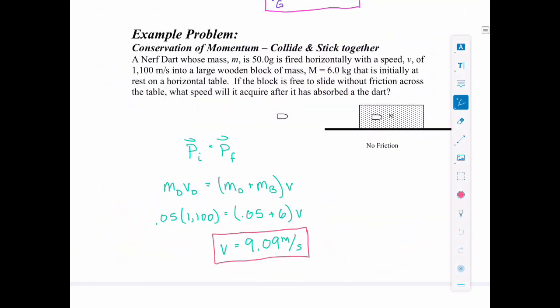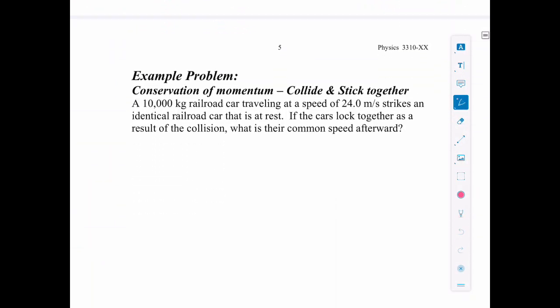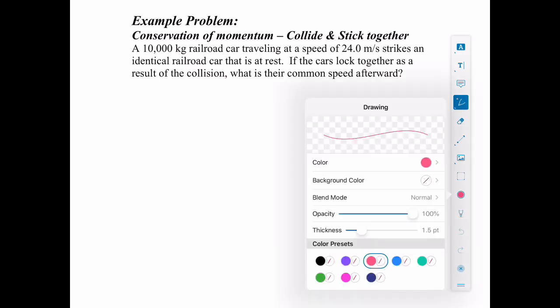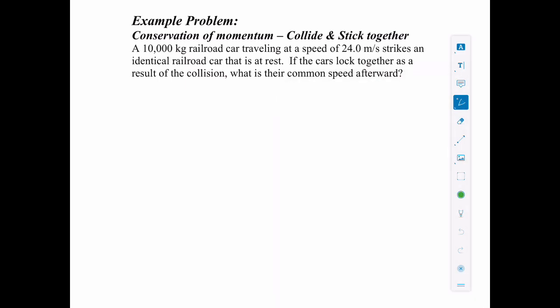Alright, so the next example problem we're going to do is now we have a 10,000 kilogram railroad car traveling at a speed of 24 meters per second. It is going to strike an identical railroad car that is at rest. So let's draw this. Well, that is a very crooked line.